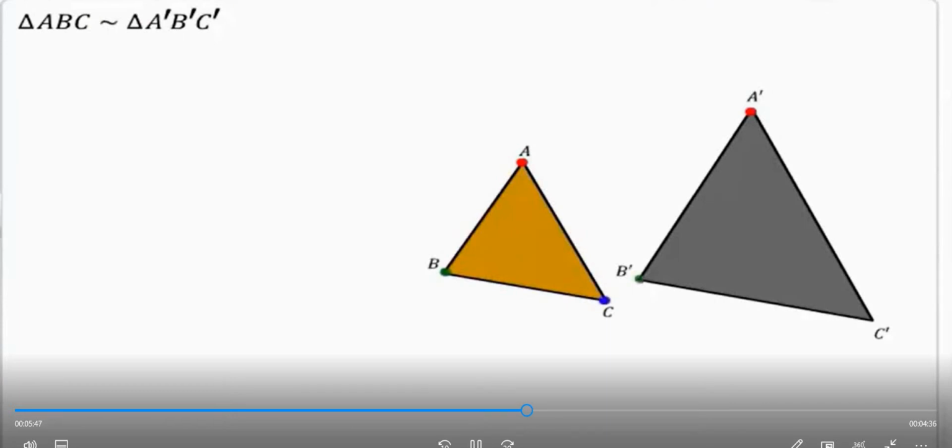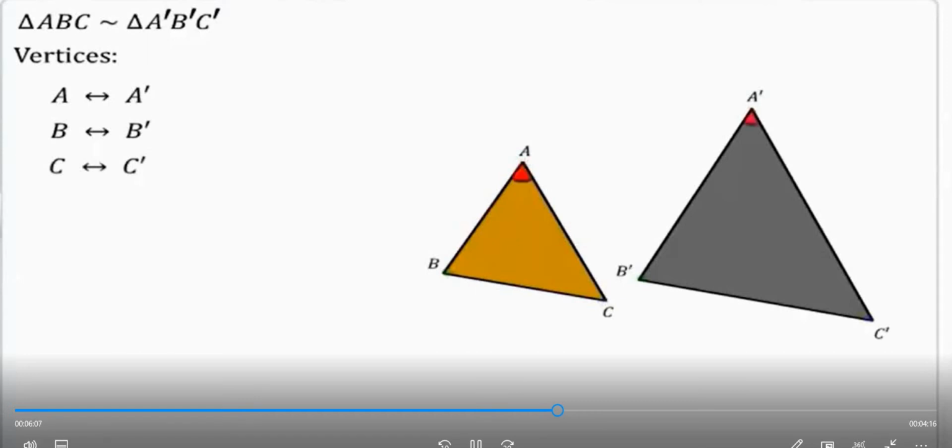And vertex C corresponds to vertex C dash. Symbolically, these correspondences are represented as A dash, B dash, and C dash.